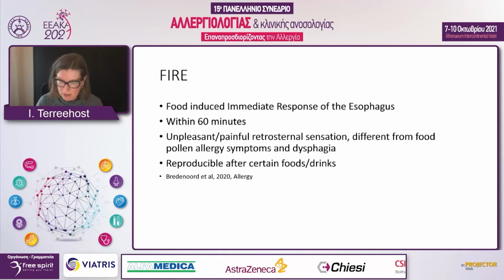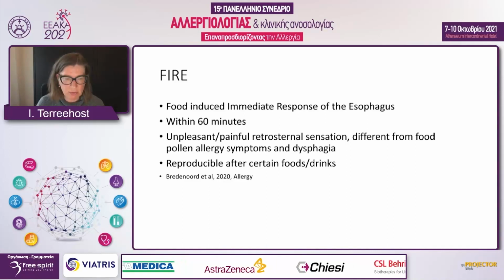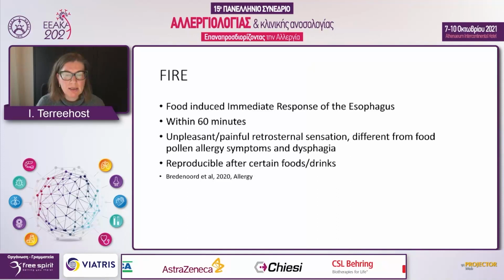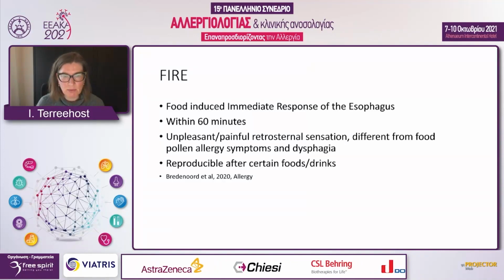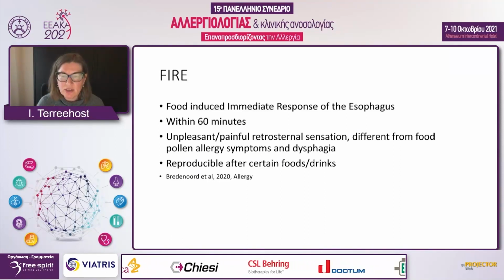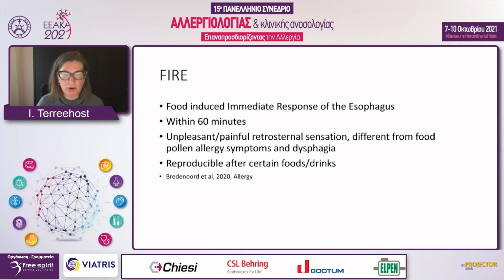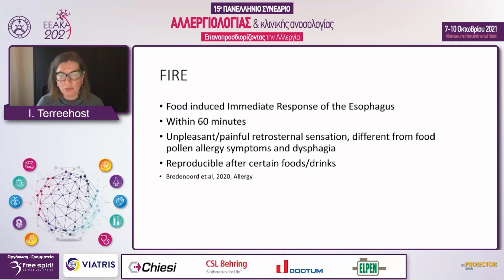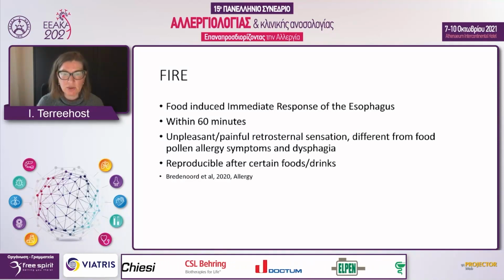What our patients did tell us, and that was also very remarkable because we weren't aware of it before, is that certain foods cause them painful or at least unpleasant retrosternal sensation, which was very different from what we used to call oral allergy and is now called food pollen allergy related symptoms, and also different from dysphagia.